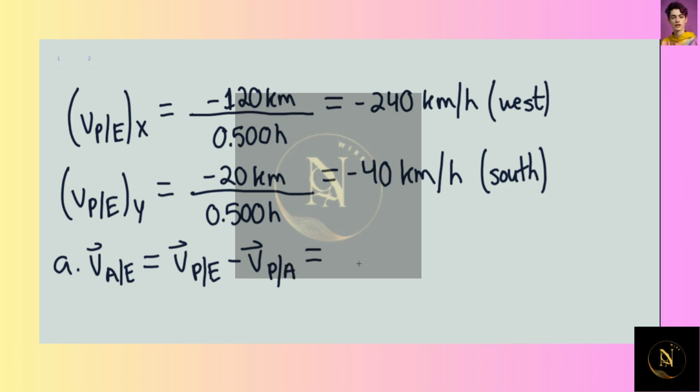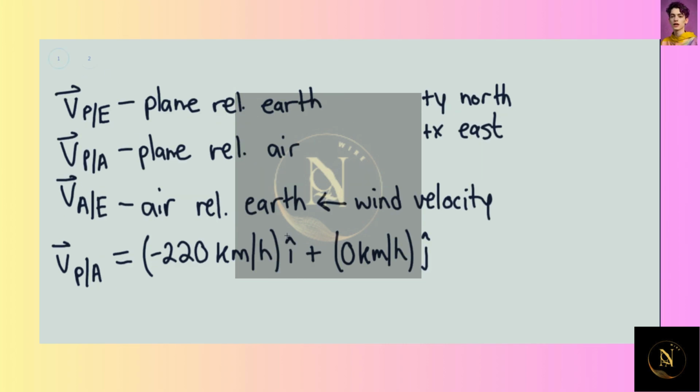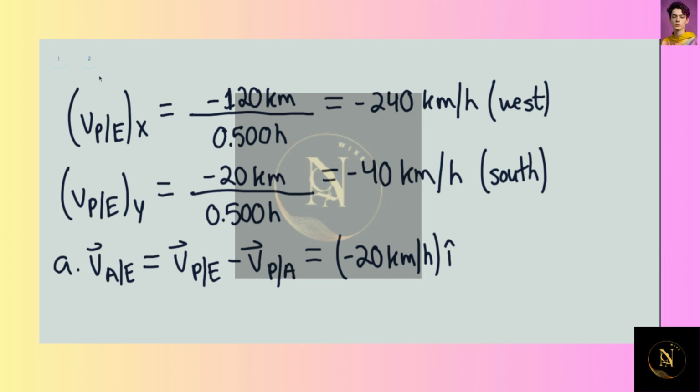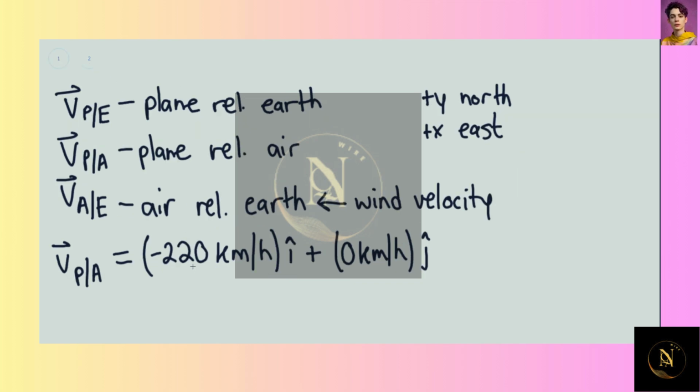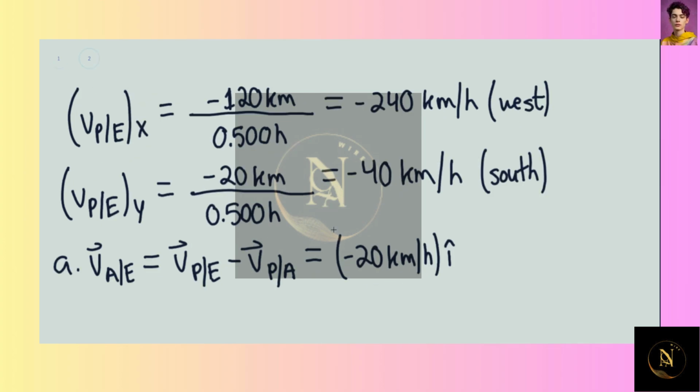This is simply going to be equal to negative 20 kilometers per hour i hat, that is, negative 240 minus negative 220, so negative 240 plus 220, negative 20 kilometers per hour.